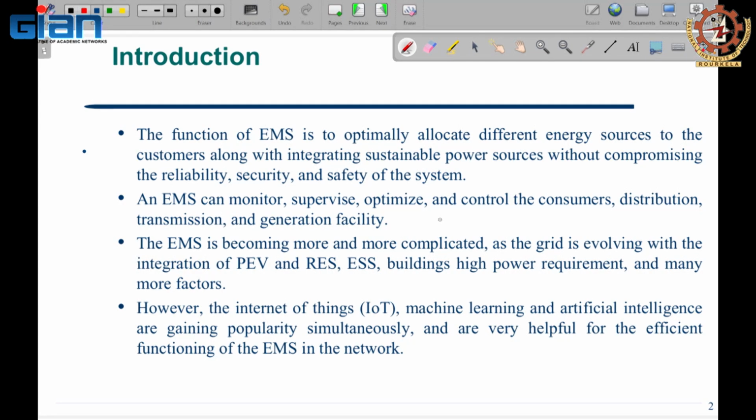Similar terms, like in the past you would have heard SCADA, supervisory control and data acquisition systems. All these things build up from these previous approaches with advanced features.